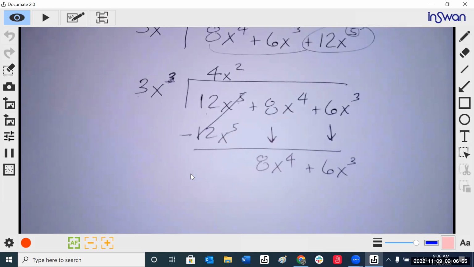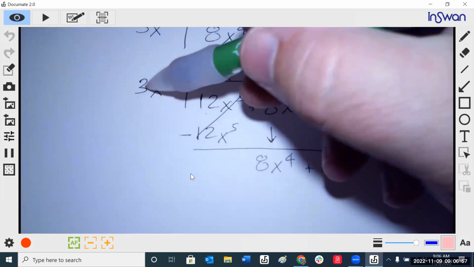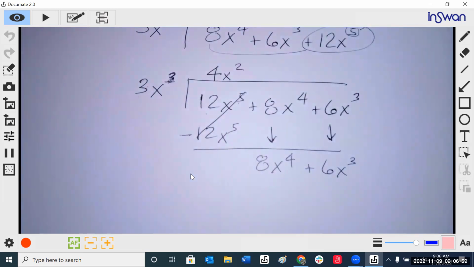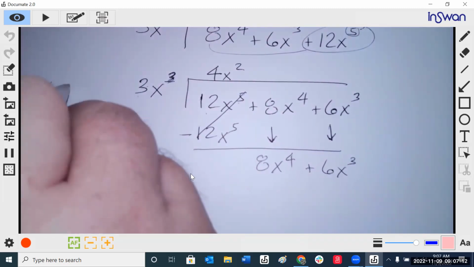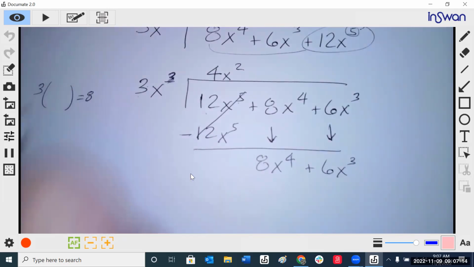Now comes the hard part. What times 3 gives me 8? No, it's something goes in there. What times 3 gives me 8?